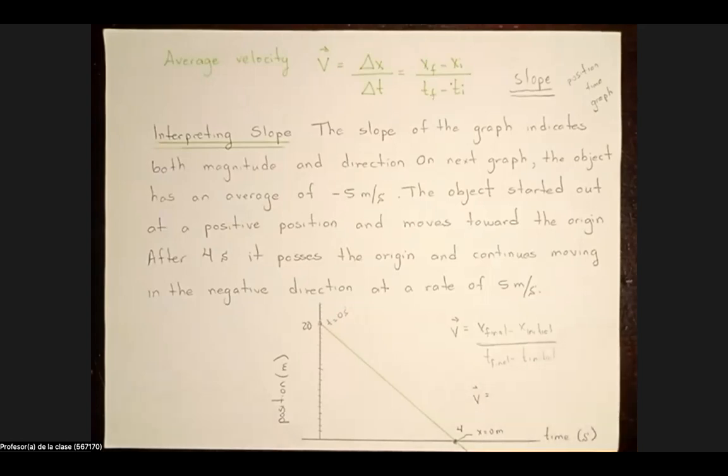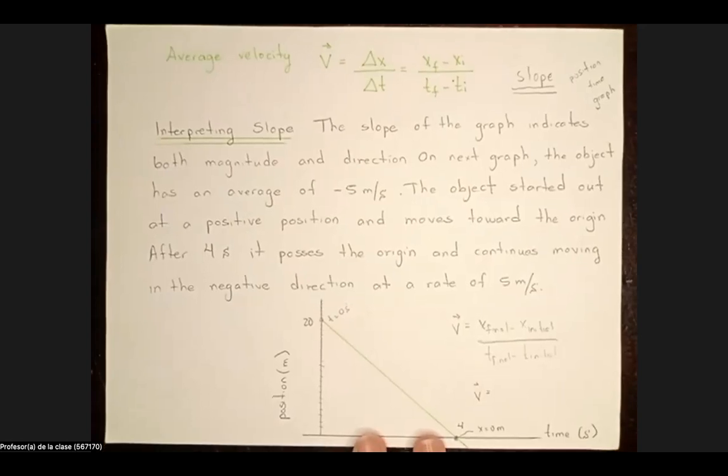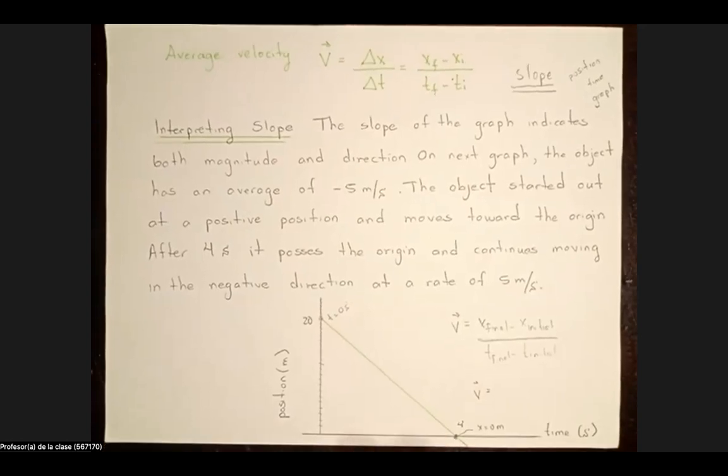And you have to remember this is important information that I'm giving to you. All the intersections between the axis and the straight line have a physical meaning, okay? So first, at the intersection with the y-axis, time will be 0, and then at the intersection of the straight line with the horizontal axis, position will be 0.